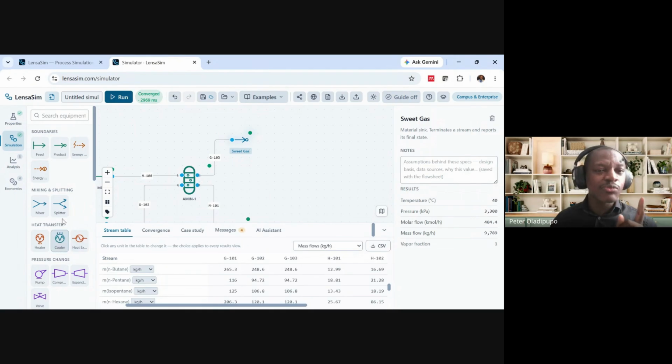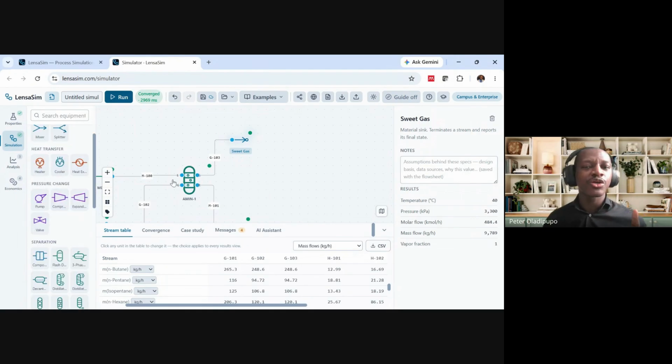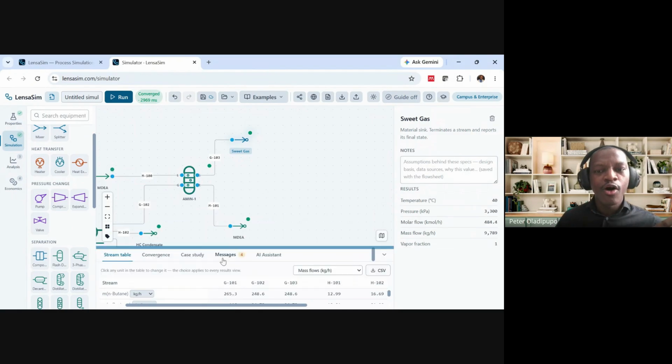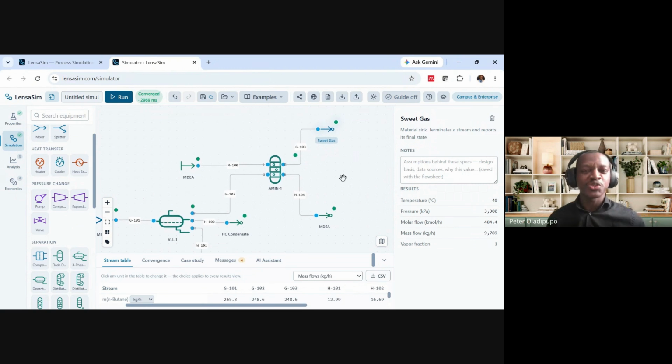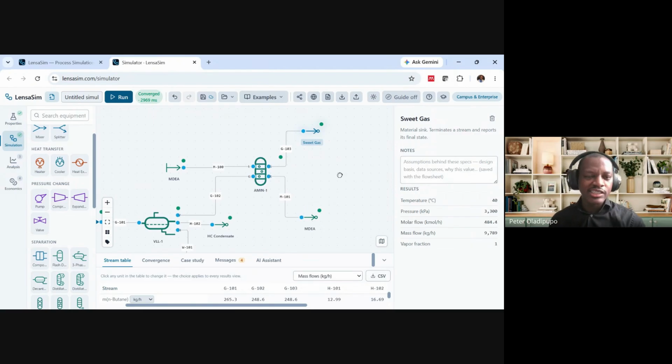Now, in UniSim, we don't have a specialized unit called molecular sieve dehydration. But this is where I'm going to tell you about what makes a process simulator. A process simulator is an individual who understands the details of the process and can determine, given the simulator he has, what equipment or model available to him can best represent that equipment as it is in reality.